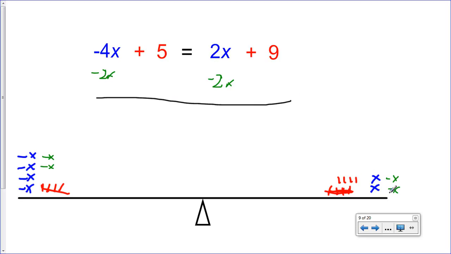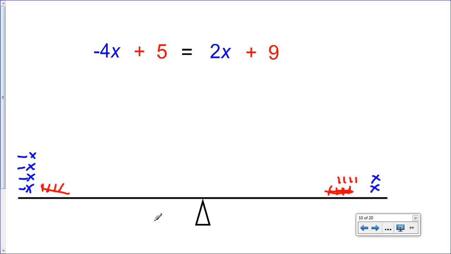Result: inverse property tells us that's 0. 0 plus 9. And here, there's no cancellation. This is negative 6x. 4 negatives and 2 negatives is 6 negatives.